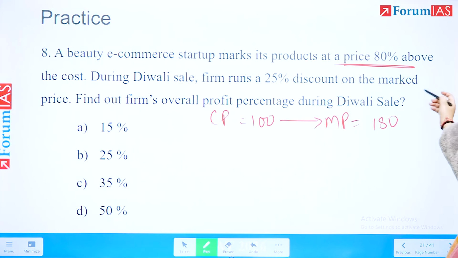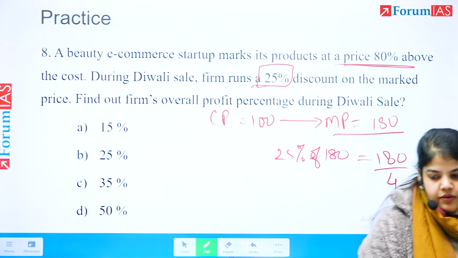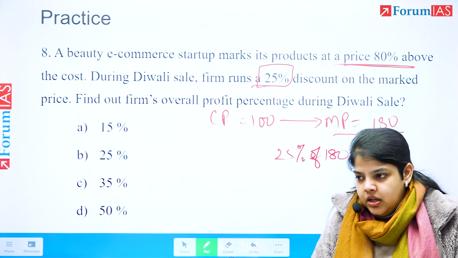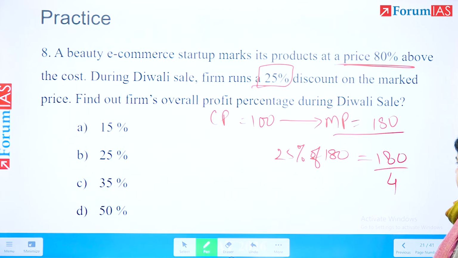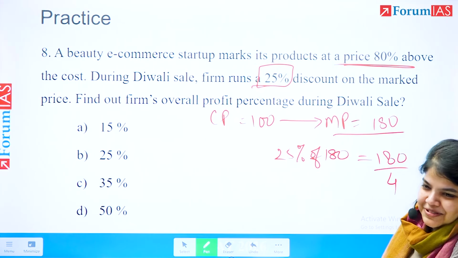It runs a discount of 25%, 25% of 180, which is equal to 180 divided by 4. 180 by 4.